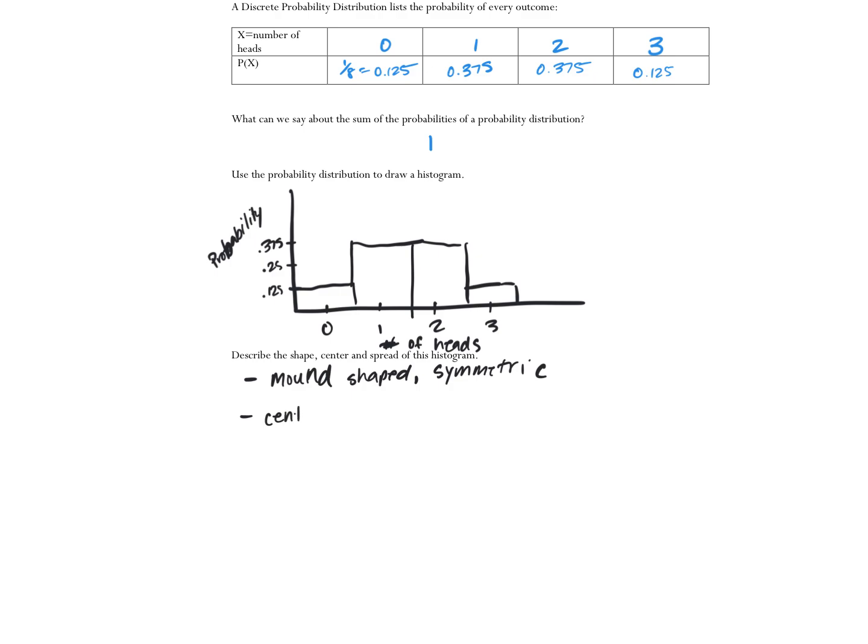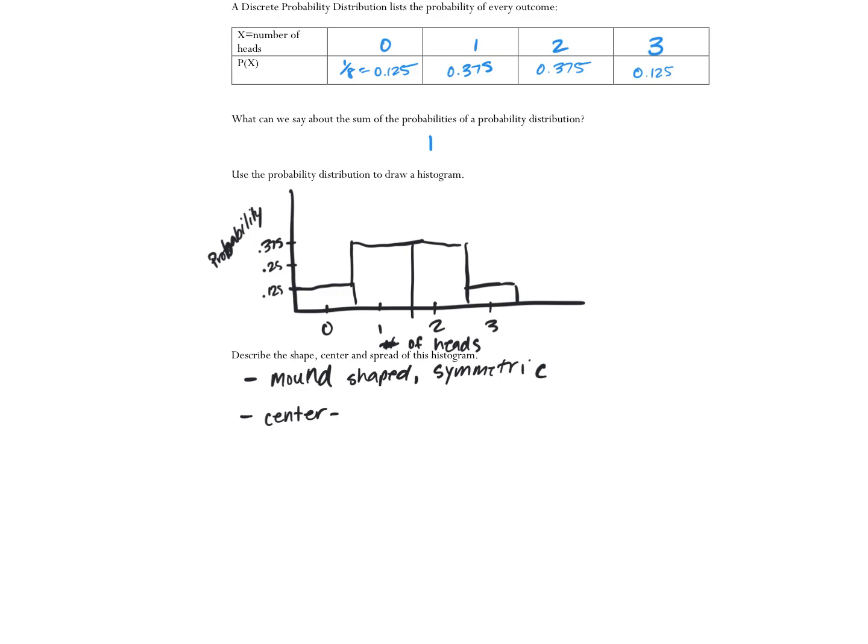If I asked you guys the center, you could actually give me the same thing for the mean and the median. They are in fact identical in this. What is the mean or the median of this? Where does the center appear to be? Ooh, so when we're talking about the mean and the median, we're talking about the mean and the median of our variable, which was number of heads. So that 0.375 is the frequency where the median is, kind of, okay?